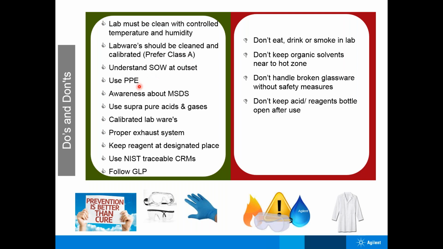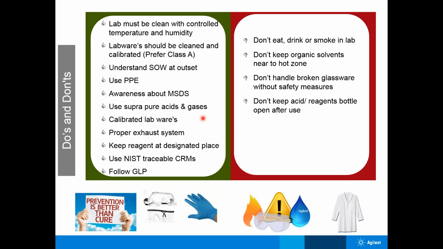Use PPE, that is, personal protective equipment like lab coats and gloves, when we work in the lab. We have to be aware of the MSDS, that is, the material safety data sheets, about the acids we are using, the different types of chemicals, and the gases. We must be aware of the MSDS of all these chemicals, reagents and gases used in the lab.